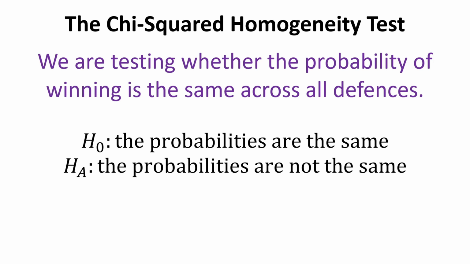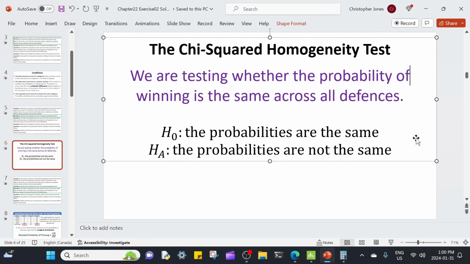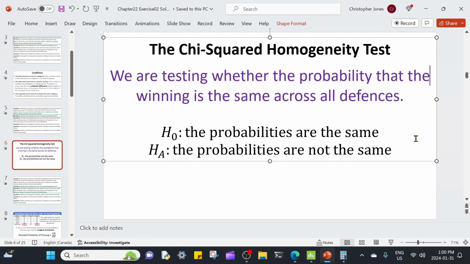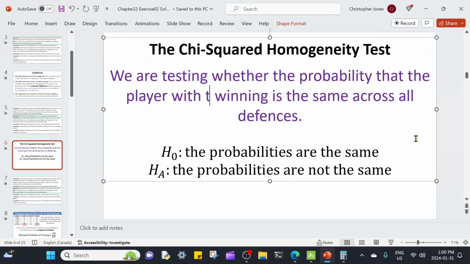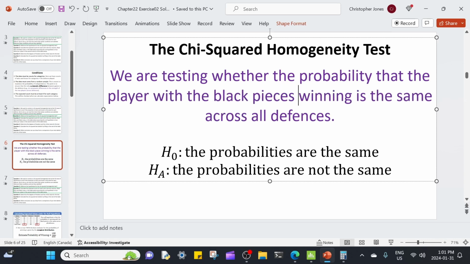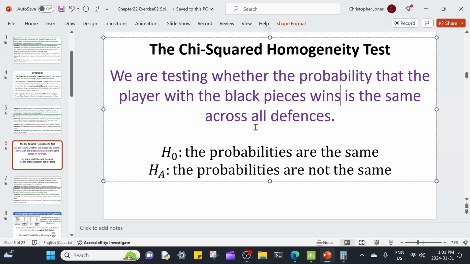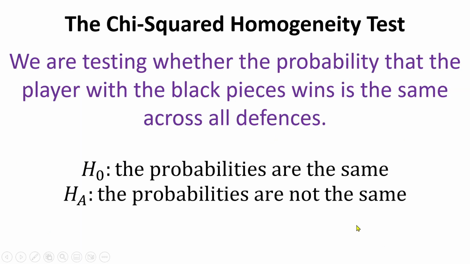What I mean is the probability that the player with the black pieces wins is the same across all defenses. That's the question. And so the null hypothesis is that all those probabilities are the same. The alternative is that they are not the same.